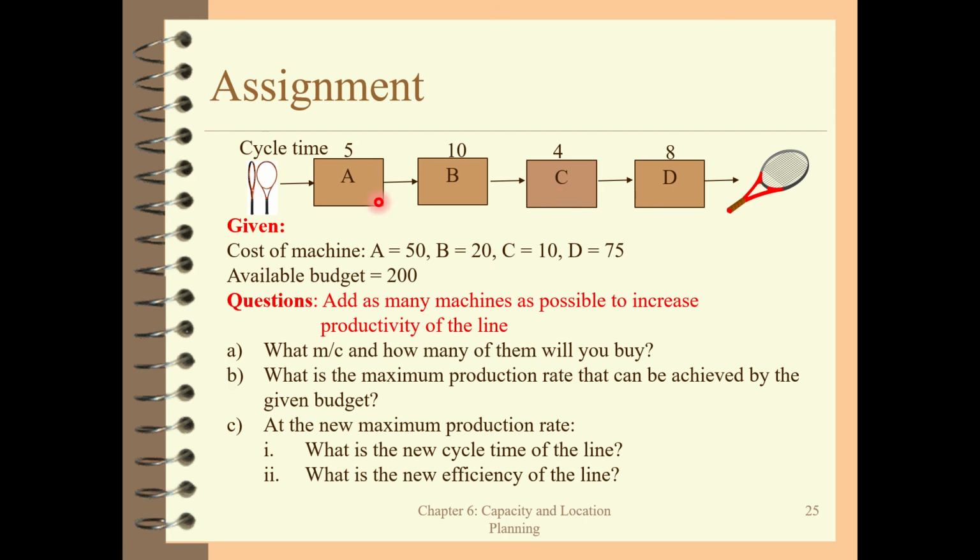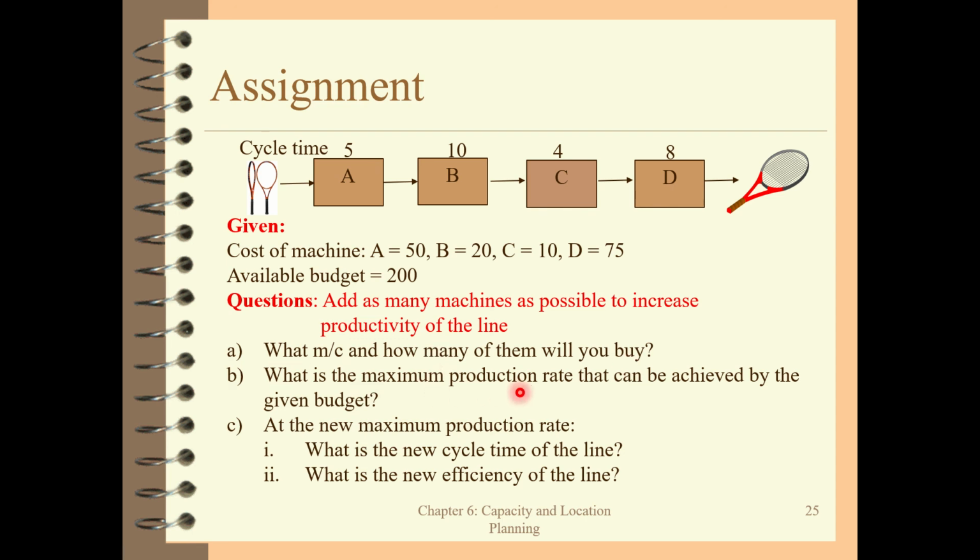Don't forget, first of all, you need to find the bottleneck of the machine, right? And then you add that one, and whenever the money is not enough to buy the machine, you stop, right? So the question is, what machine and how many of them will you buy?